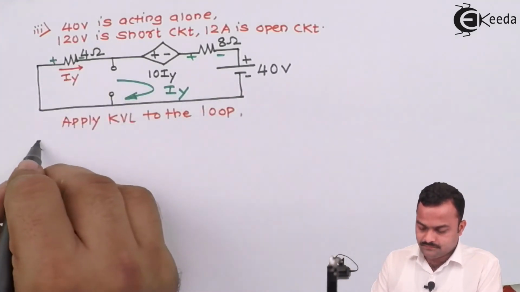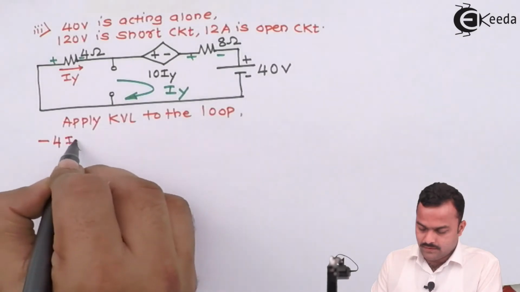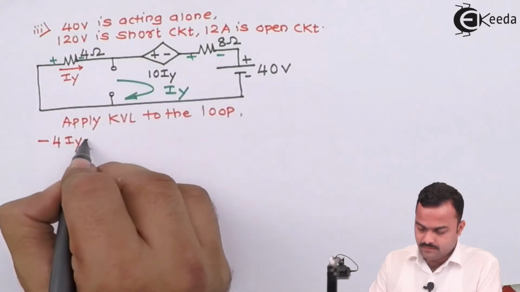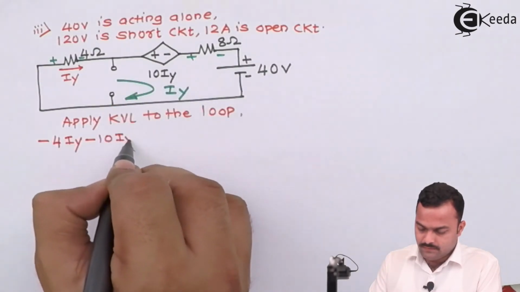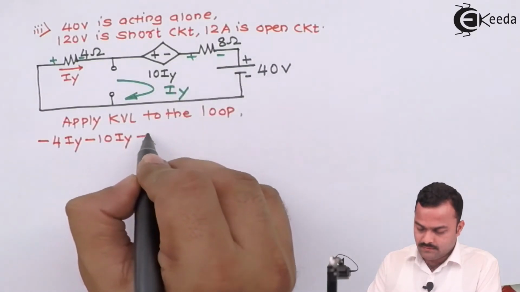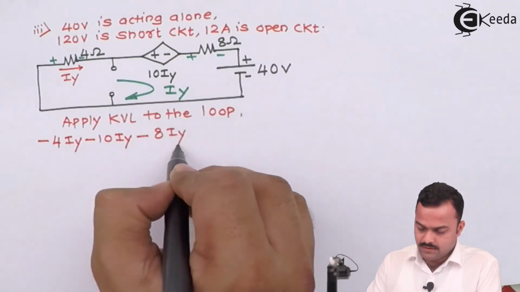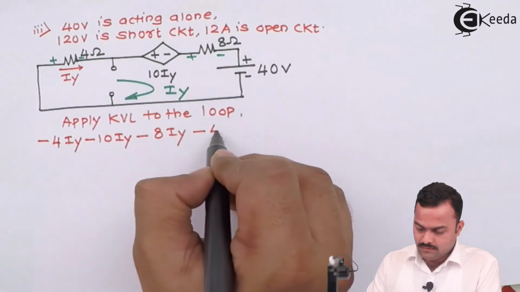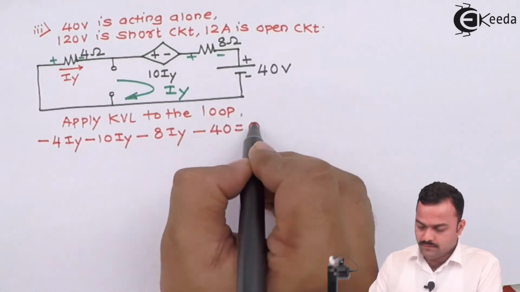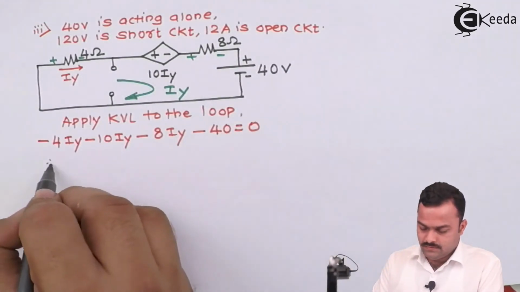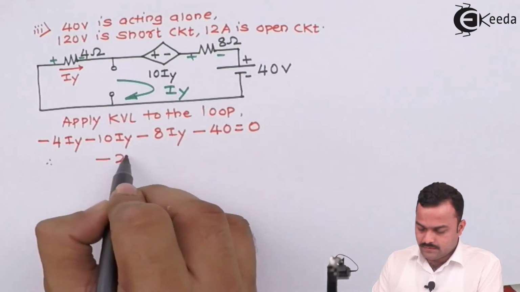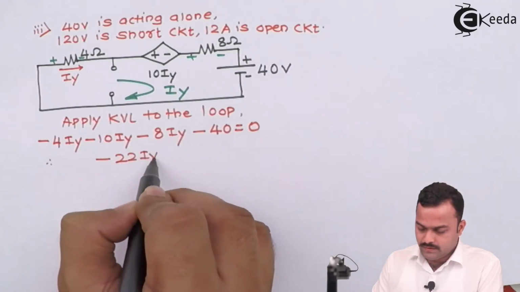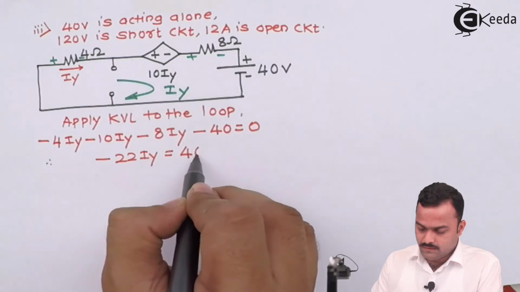Minus 4IY minus 10IY minus 8IY plus 40 equal to 0. If I simplify, I will get minus 22IY equal to 40.